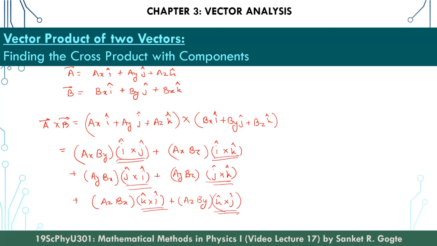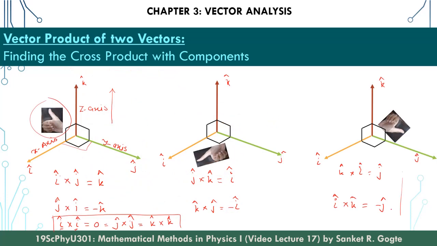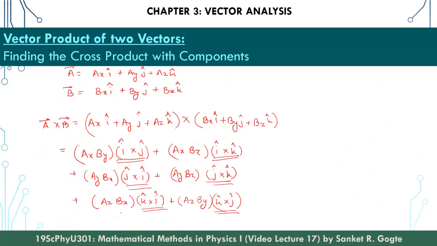We can use these relations for cross product between two unit vectors, and the first brackets in all the 6 terms are the scalar quantities.